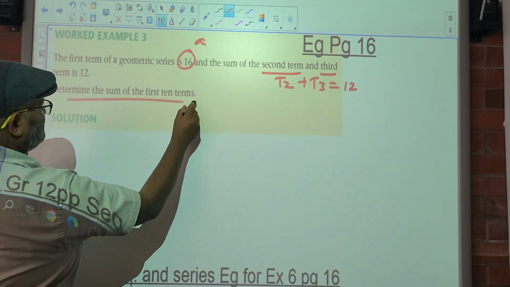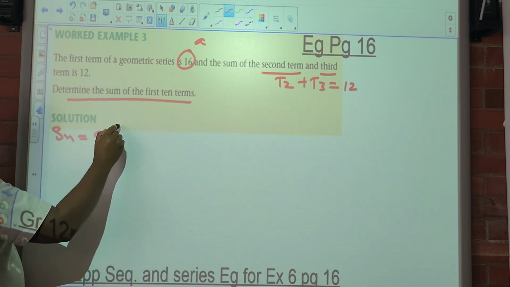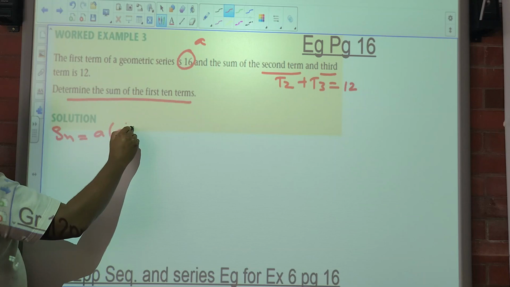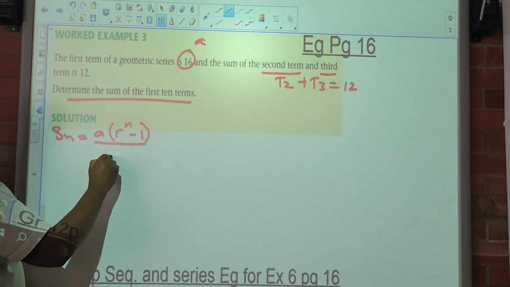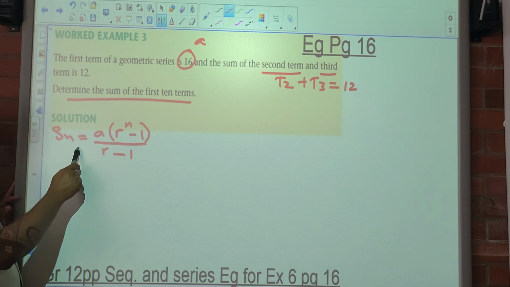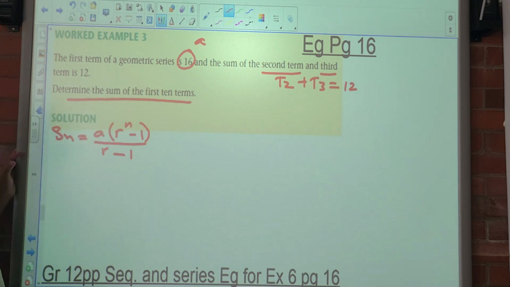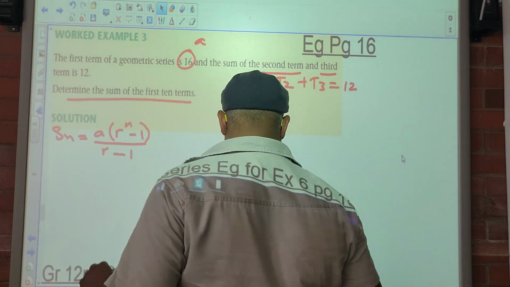The formula is Sn equals A into r to the n minus 1 over r minus 1. I know n is 10. We know A is 16. So what do we need to calculate? r. You guys see that? We need to calculate r.